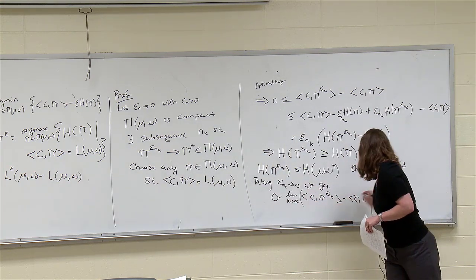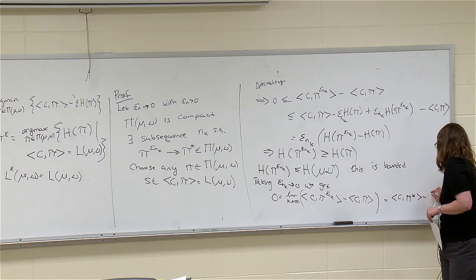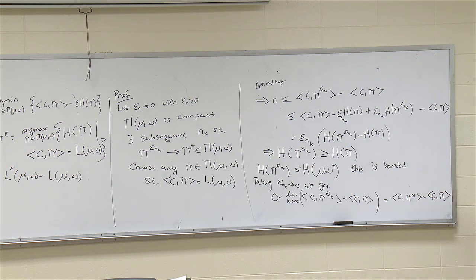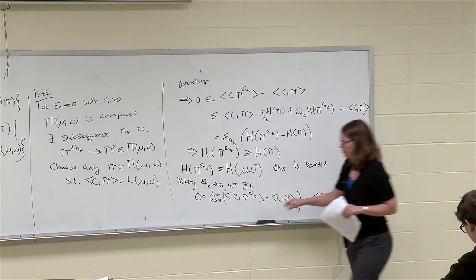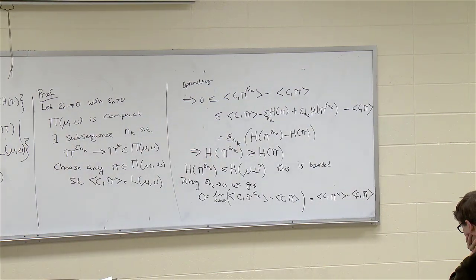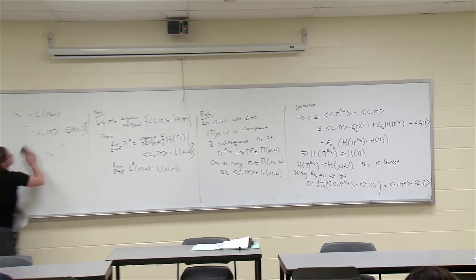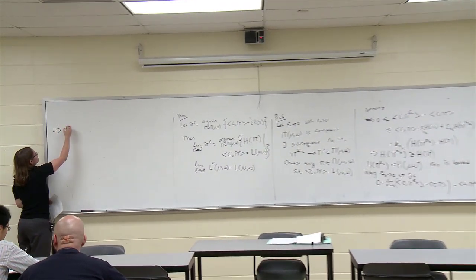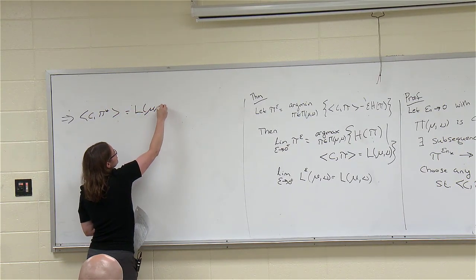So this limit is indeed C pi star minus C pi. Okay, so this is the optimal value. C pi star is also equal to the optimal value. So pi star, the limit of this sequence or subsequence, actually recovers the optimal value. So C pi star is indeed this optimal value.